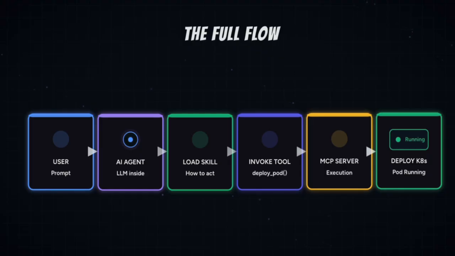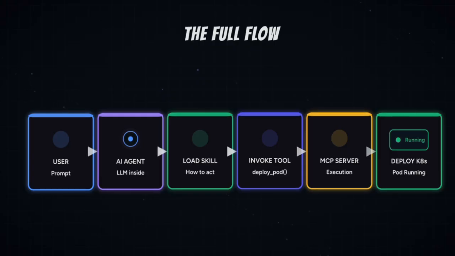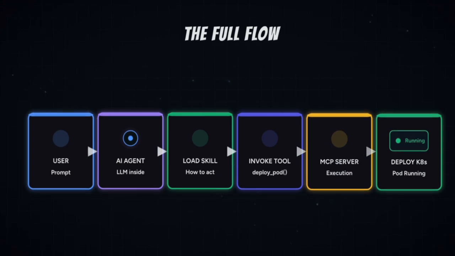After this, the LLM again reads the skill line by line and tells your AI agent what tool to invoke, and your AI agent will invoke multiple tools based on what it requires. Then for every tool, the MCP server will receive the request and will execute the action. So this is the total flow.